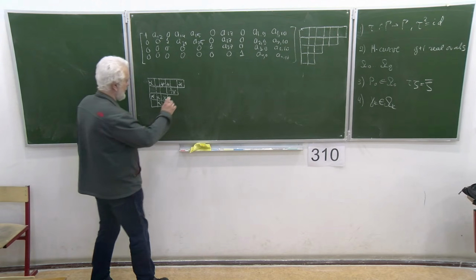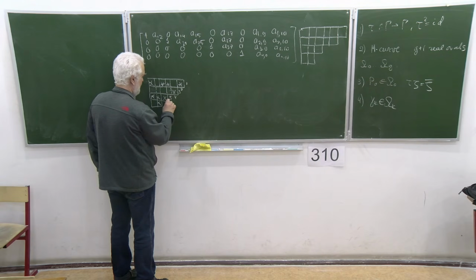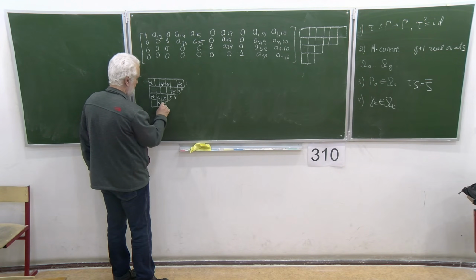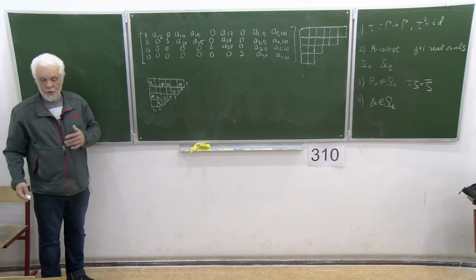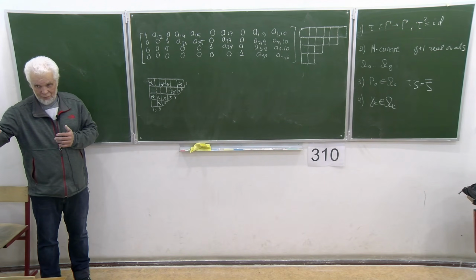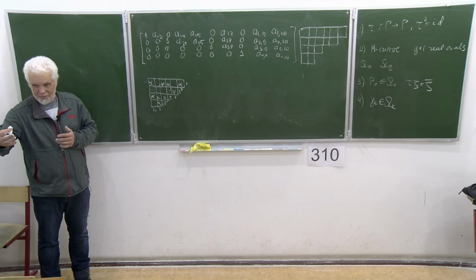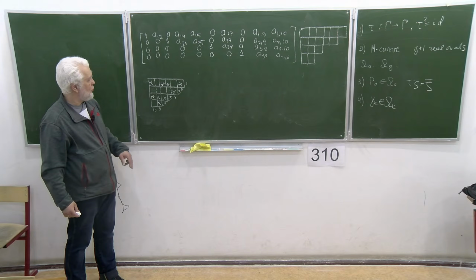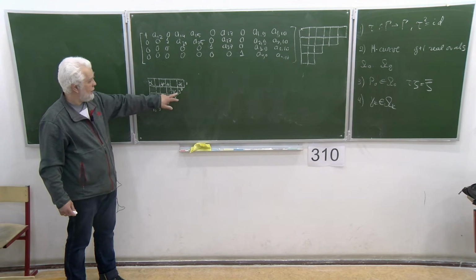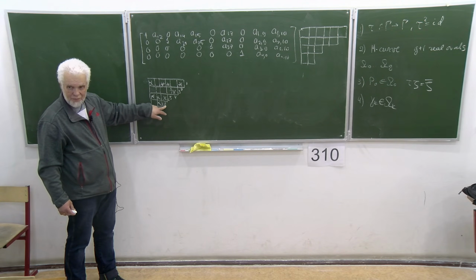First thing, we write numbers 1, 2, 3, 4, 5, 6, 7, 8, 9, 10. You understand the row. We enumerate the boundary, the southeast boundary of the graph. What are the numbers on the right?